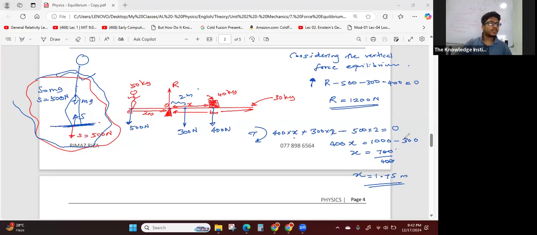So 1000 minus 600, because the length of the plank is 8 meter and the center of gravity will be at its midpoint, meaning 4 meters both sides. Therefore, he's already 2 meters, meaning this length has to be 2 meter. So 1000 minus 600, 400 divided by 400. So it nicely comes to 1 meter. Okay then, so your answers are correct.